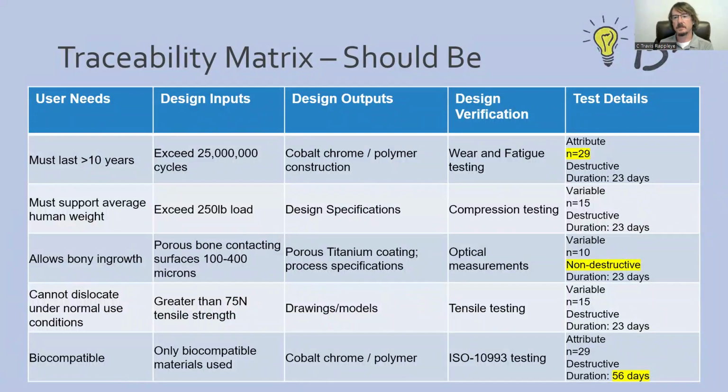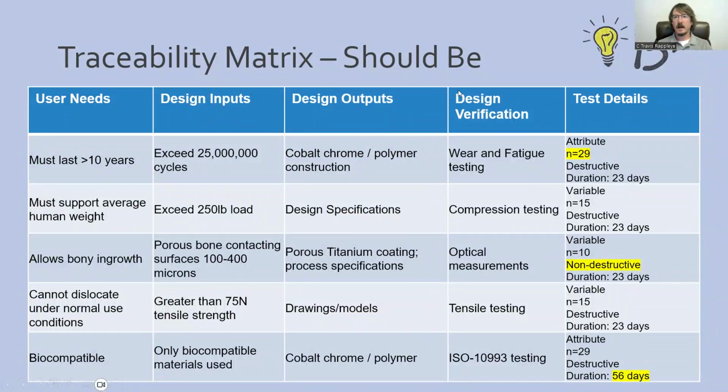But what a lot of people don't do is, on the end of it, whether you add a column or add detail to the design verification column, as you're creating this traceability matrix, you add the actual verification information in, even if it's a guess. It helps everything. It helps smooth everything out.